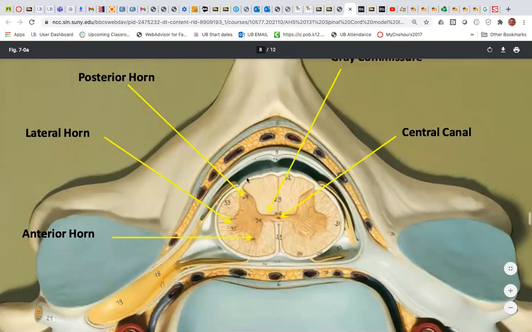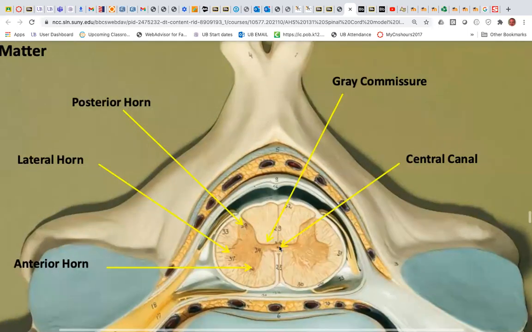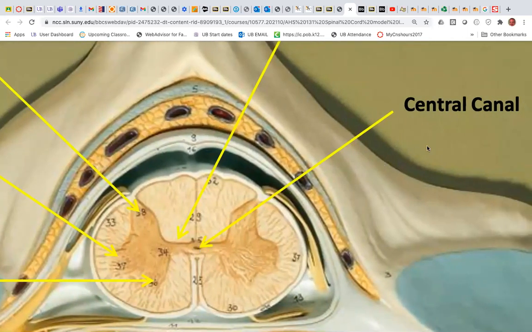What connects the letter H here in the center? This horizontal line is called the gray commissure. Gray, because we know this is all gray matter. Gray commissure. The hole right in the center is called the central canal. Central canal.